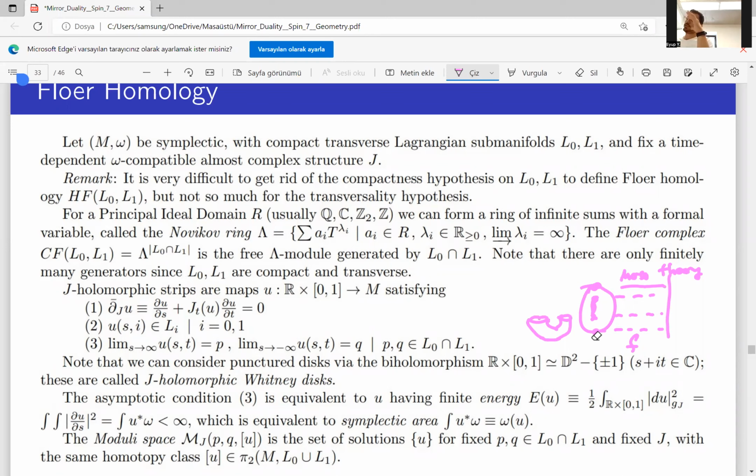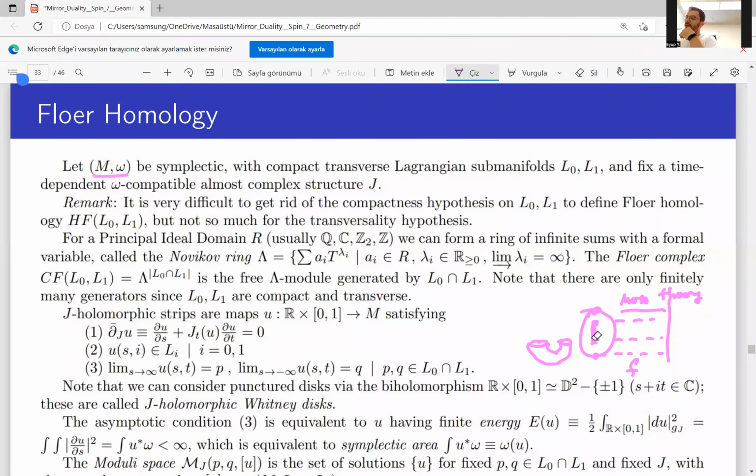And Morse theory tries to understand the changes between the critical points, and Floer homology is the improvement of this theory. Actually, we can see the critical points again, but now we want to construct this theory with the almost complex structure. Okay, so how does the structure change at these critical points?